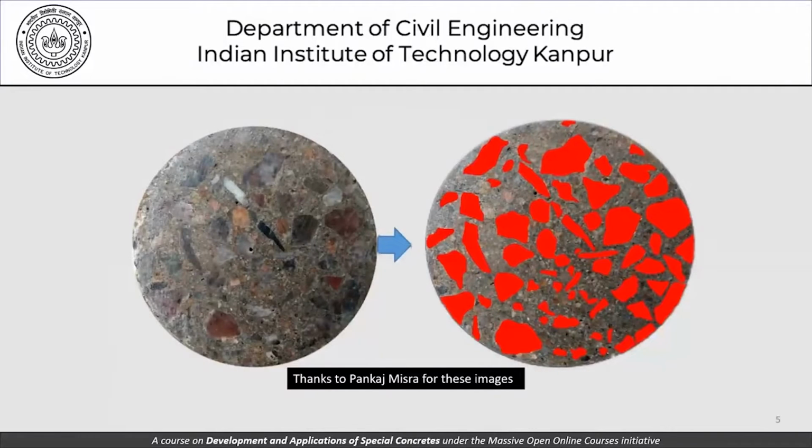Having said that, this is another picture we had seen last time, which shows aggregates all over the place, separated from one another. You can see there is a separation between different coarse aggregates.